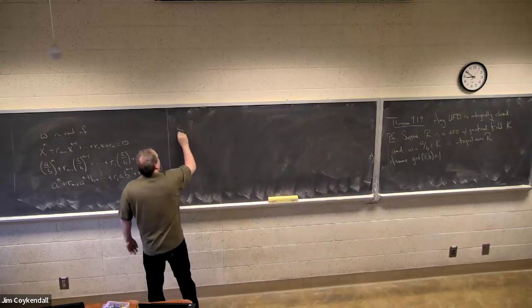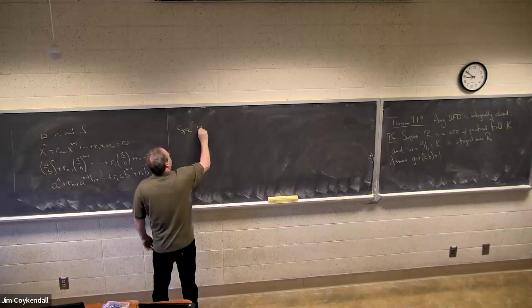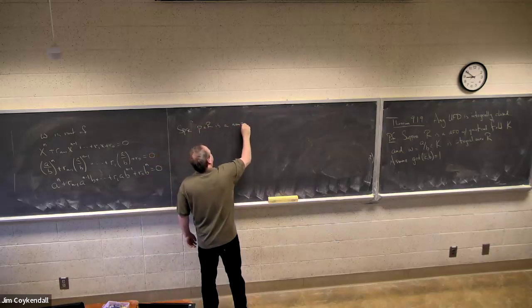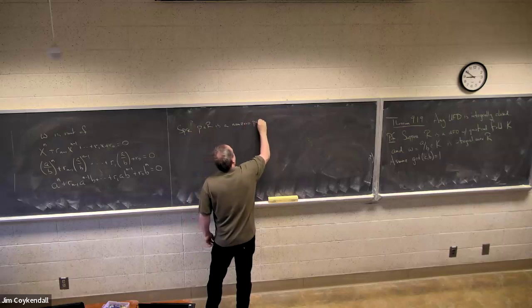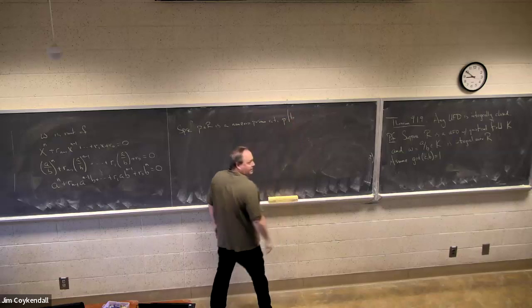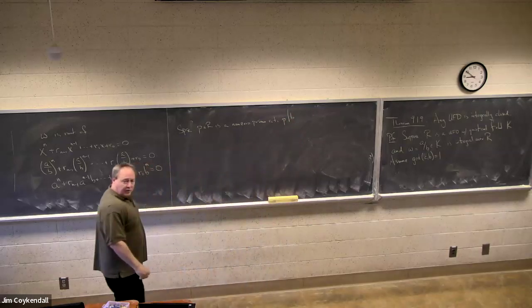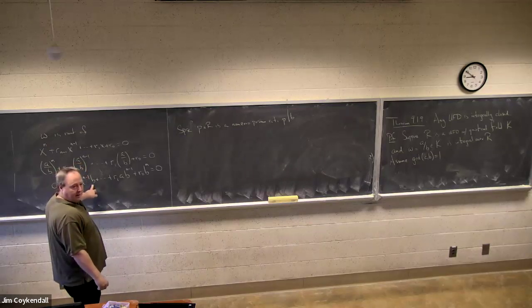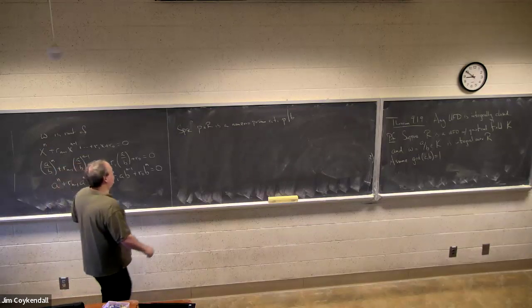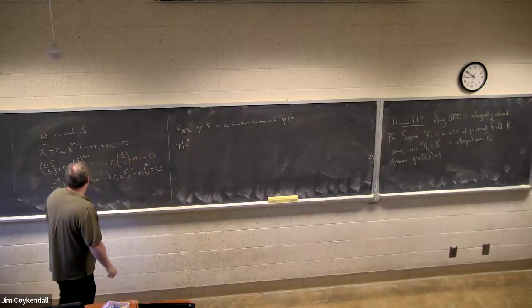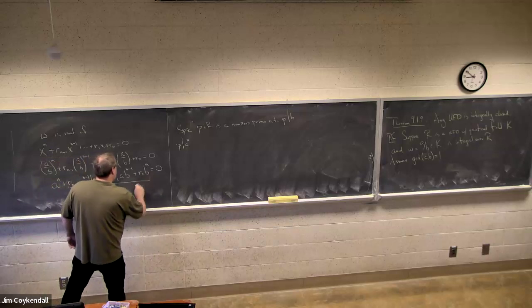Now suppose I find a nonzero prime P that divides B. Notice that P divides A to the n, because P divides this, and P divides that.